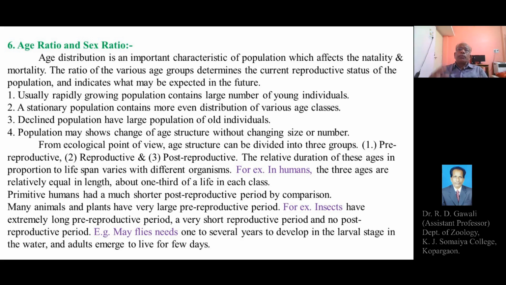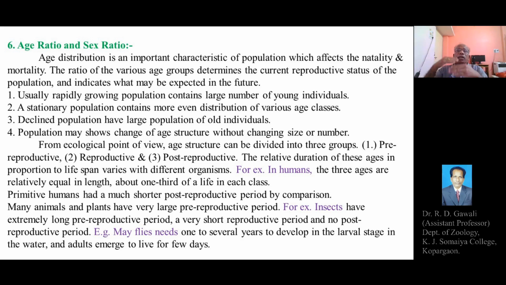Fourth condition: a population may show a change of age structure without changing its size or number. It means the population shows a change of age structure, that is, the transformation of the first age group into the second age group, or the second age group into the third age group.